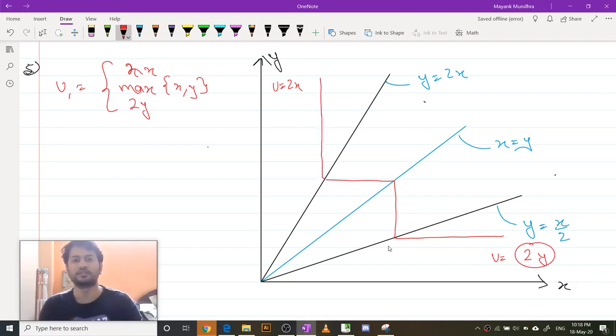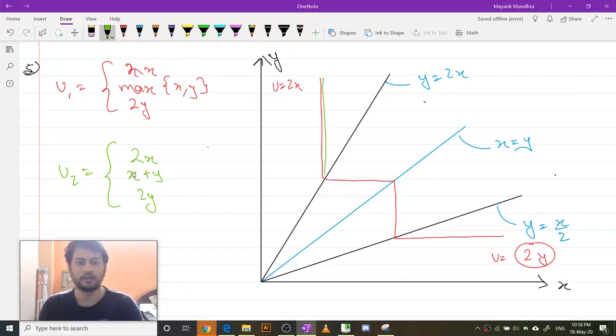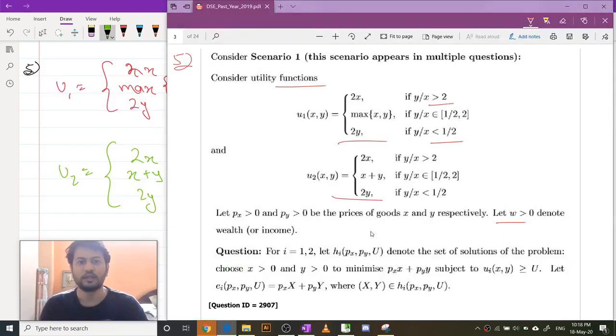So this is for the utility of agent 1. Utility of agent 2 is 2x, in the middle it is x plus y, and then it is 2y. So what this will look like is this, then this, and then this. This red one is the IC of agent 1, and the green one is the IC of agent 2.